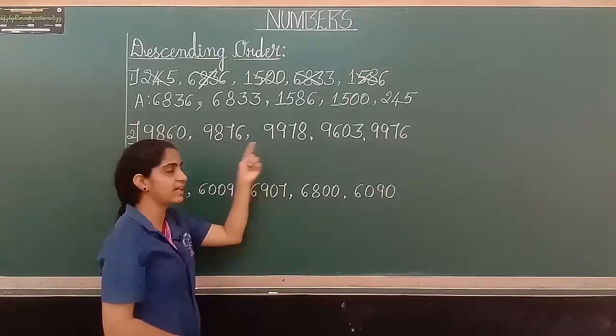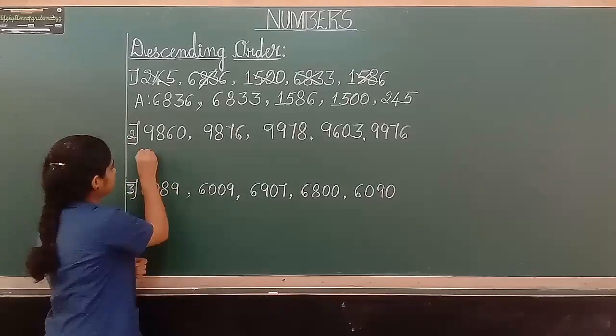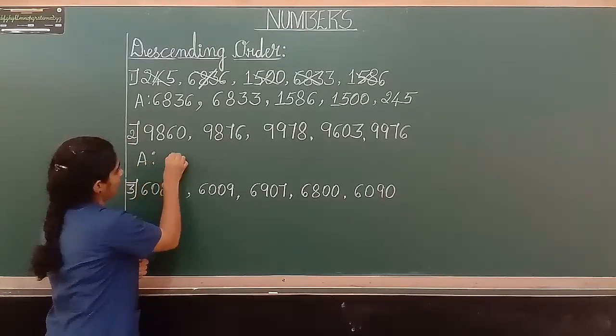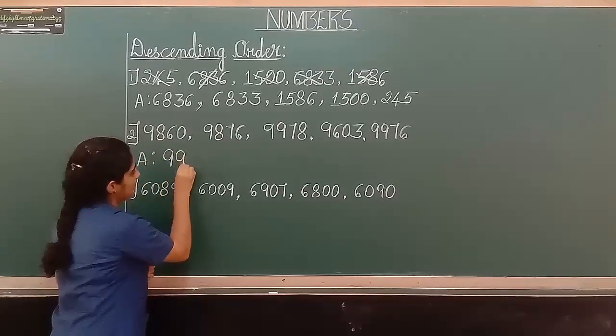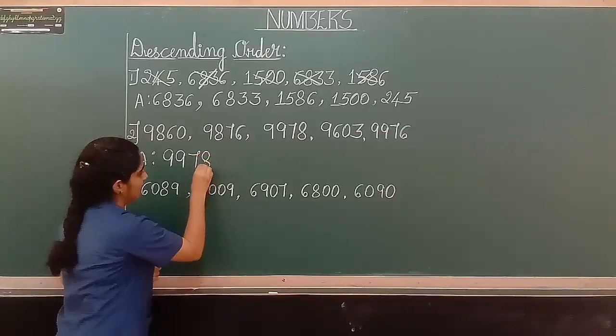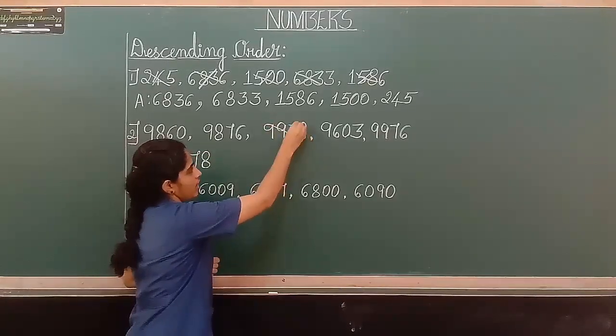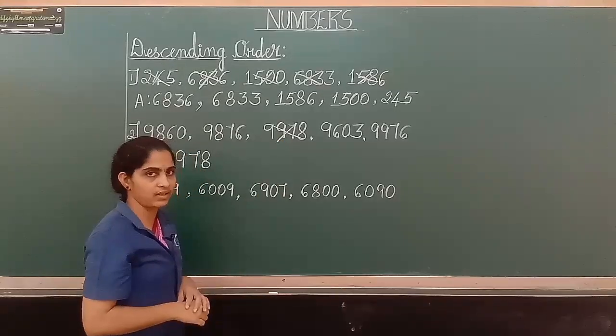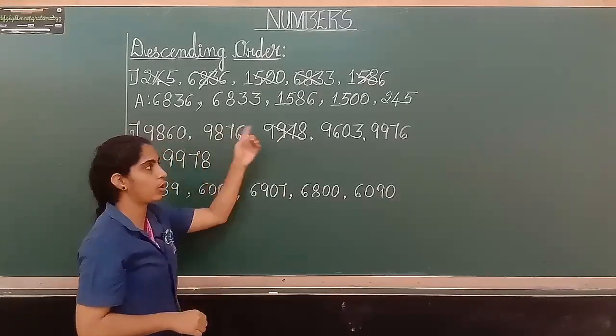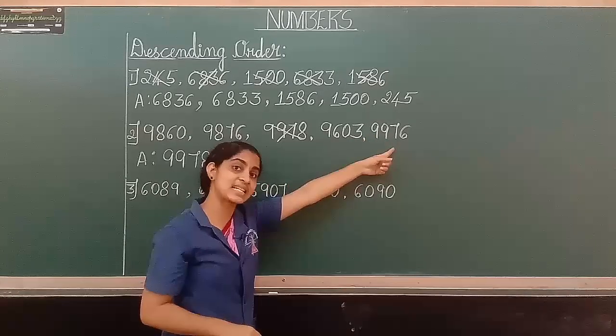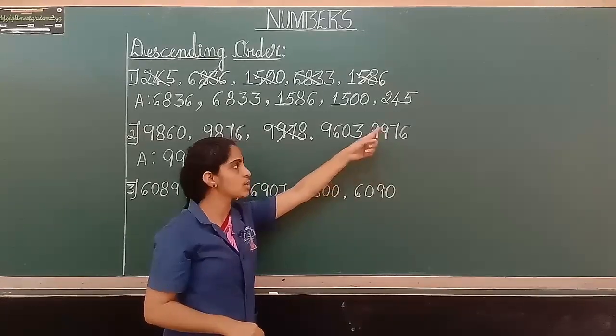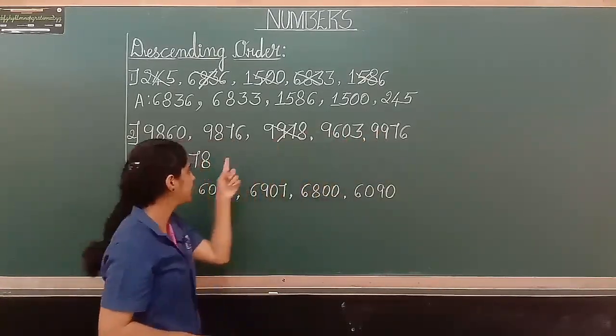So we have to write that number first: 9978. Now which is the next greater number? You know, compared to all, this is the next greater number, right? So we have to write this number next.